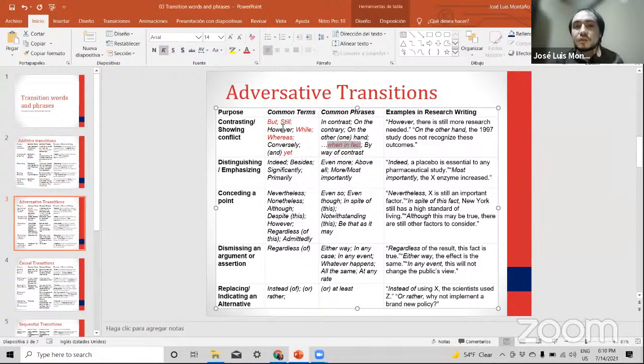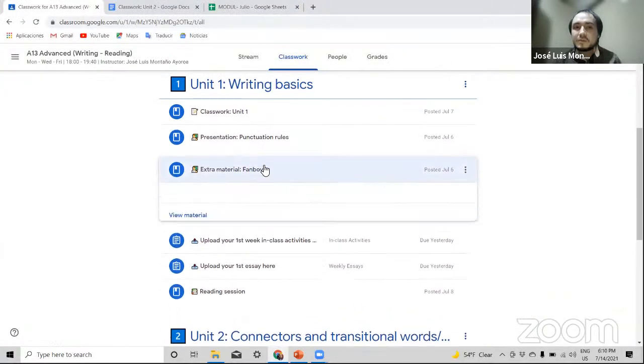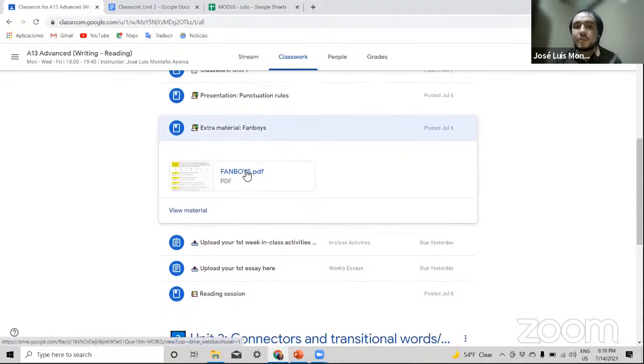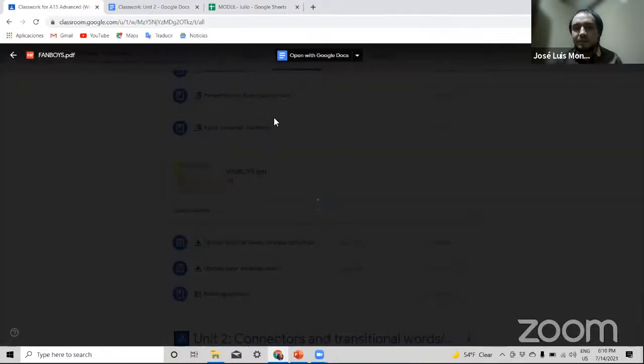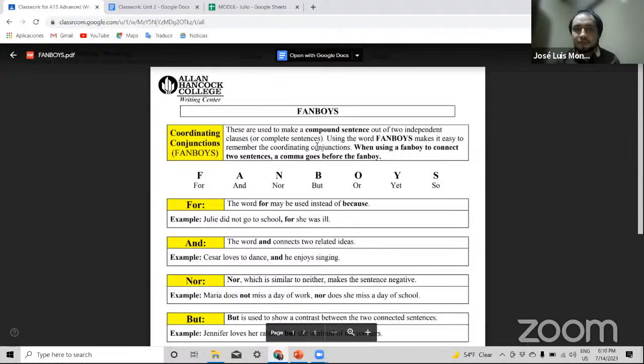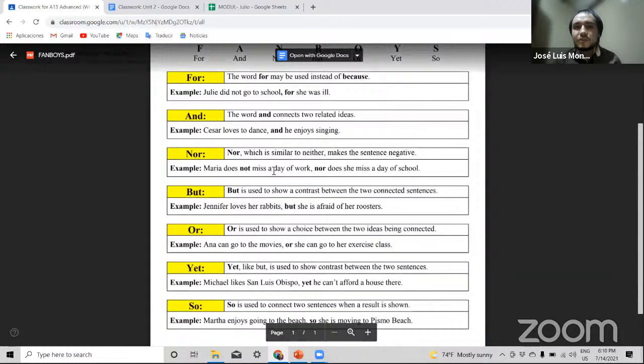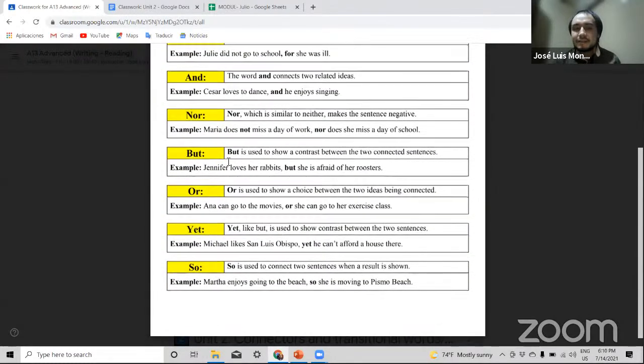You also know the rules of but, yet. If you go again to Google Classroom and you go to Fanboys, right? Here you know how to use both of them, right? This is going to be the document in which you are taught how to use but. Here you have, right?